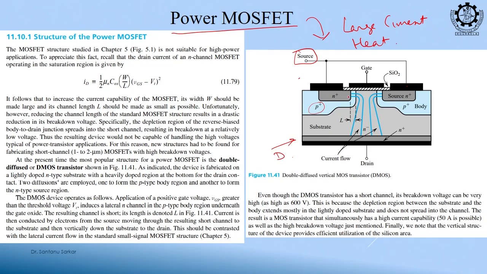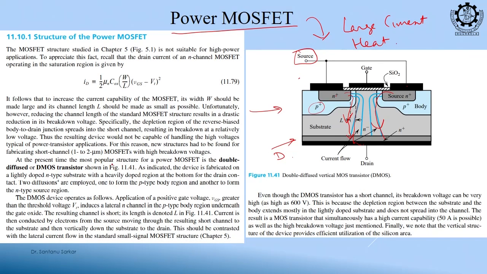So, the channel is in this way, the current flows vertically. In previous cases it was flowing horizontally. In this case the drain is below. So, the current goes from this N junction and is collected at this terminal. So, this is the only difference.